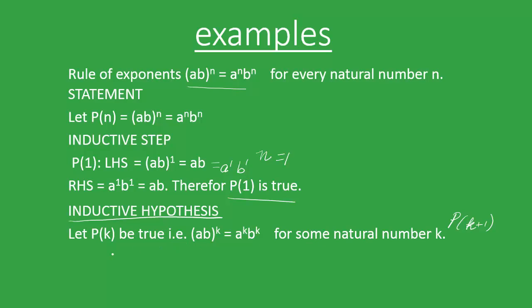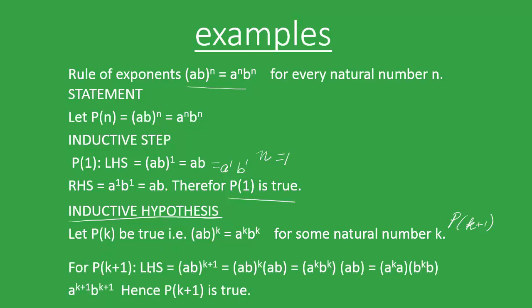So to prove that, let's start with the LHS first, that is (ab) to the power k plus 1, which will be equal to (ab) to the power k into ab. And in this step I've substituted using the result that (ab) raised to the power k equals a to the power k into b to the power k, to get this.